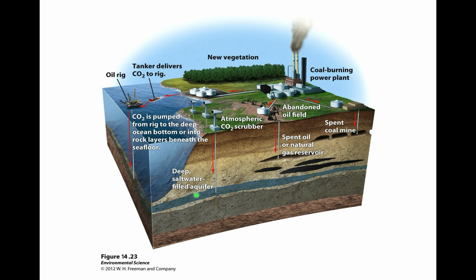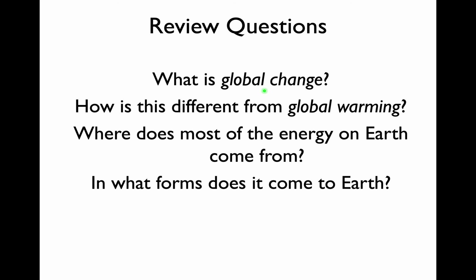Or these deep sea aquifers, so really deep down, put it down into there. And then also these atmospheric CO2 scrubbers. These are things that try to sequester the CO2 itself in these types of filters. Or, if you're going to do really ocean floor stuff, you'll need to put it into an oil rig and pump it back into those empty wells. So a lot of talk about sequestration.